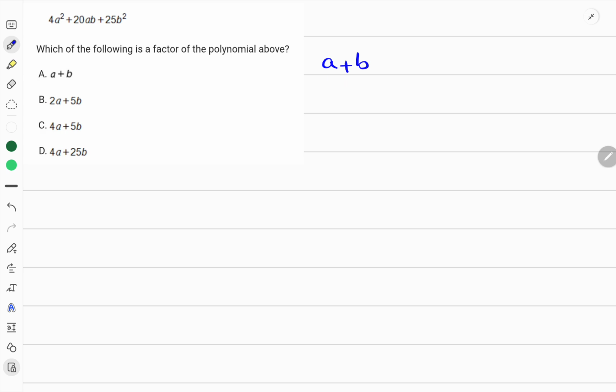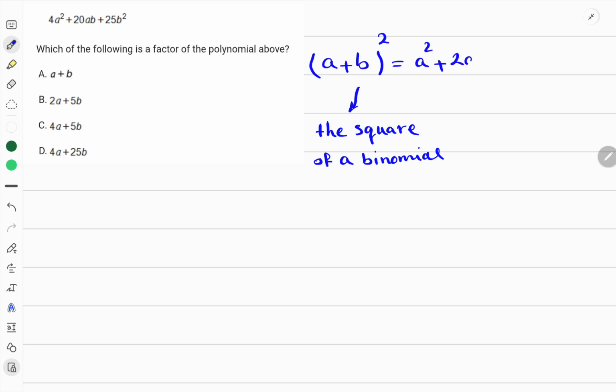Okay, so if you put a plus b inside the parentheses and raise it to the power of 2, this is called the square of a binomial. And the answer of this is a squared plus 2 times the product of a and b plus b squared.